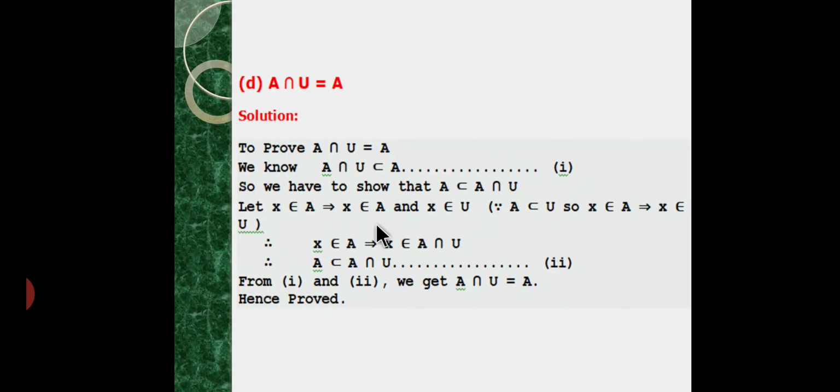So from that we write X belongs to A and X belongs to U. So X belongs to A intersection U. From that A is a subset of A intersection U. From 1 and 2 we get A intersection universal set is equal to A, hence proved.